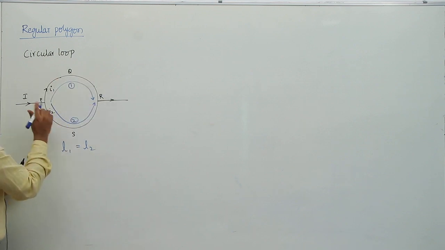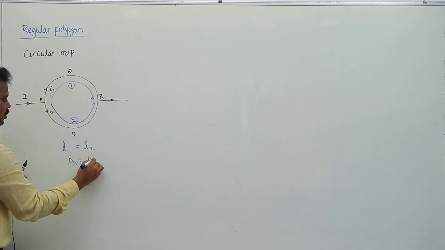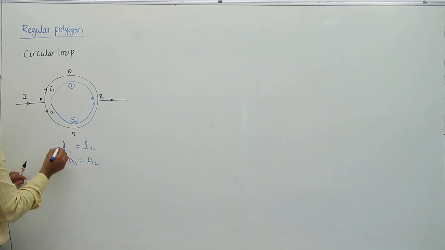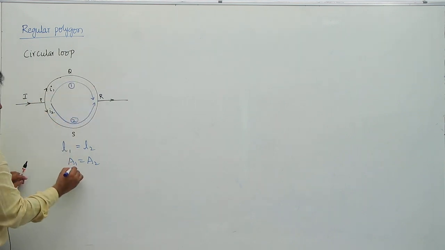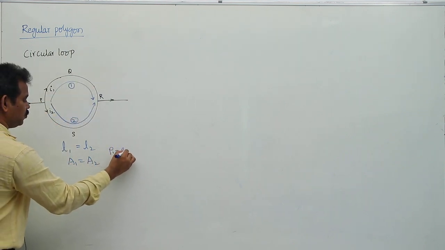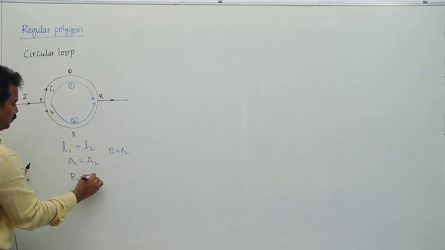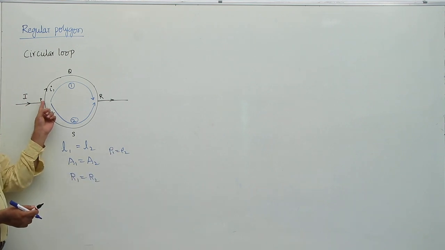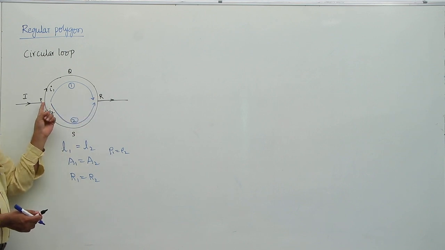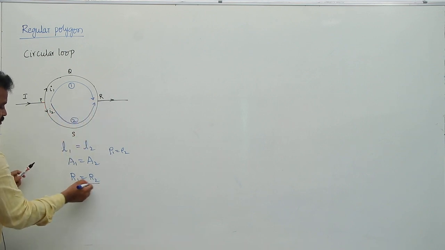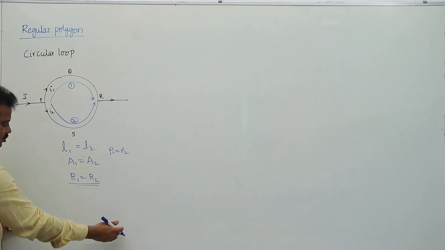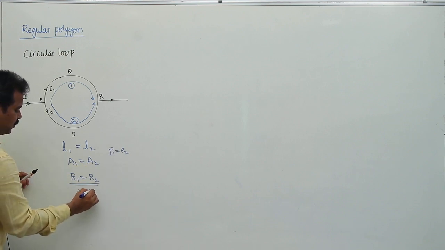As it is made of the same wire, area of cross section is also the same. So when length and area are the same and this is made of the same material, we know that rho 1 is equal to rho 2. So from this we can write R1 is equal to R2. Resistance of the path along PQR is equal to resistance of the path along PSR. When the resistances are equal and connected to the same battery, the currents will be equal.